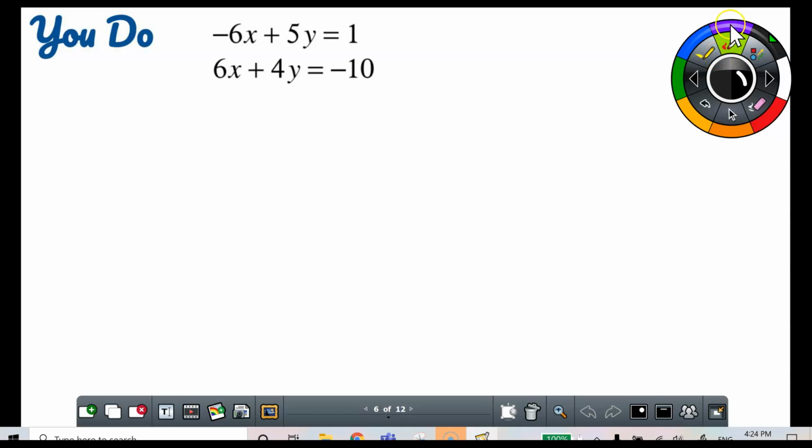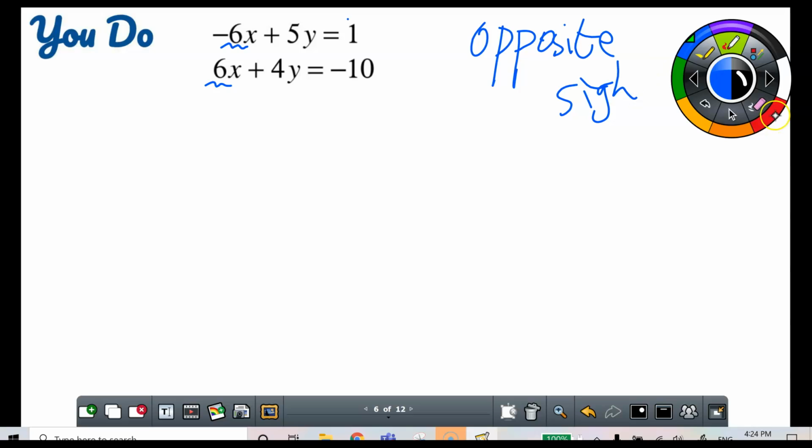So first, check for your equation. A pair of x, a pair of y, a pair of single numbers. And then look for the same number. This time the same number is in front of the x, 6. And they have opposite signs. One positive, one negative, right? So you're going to add up the two numbers to eliminate it to get a 0, right?